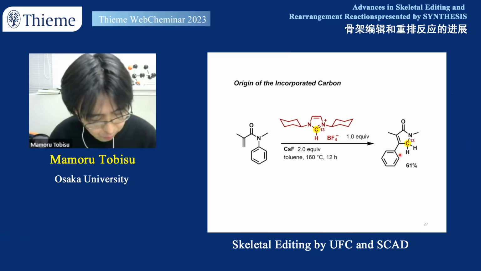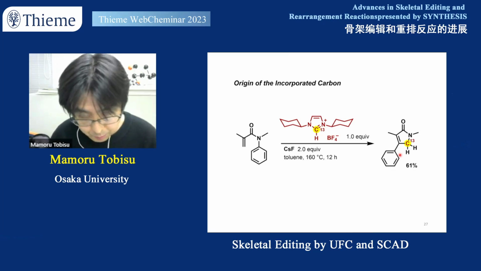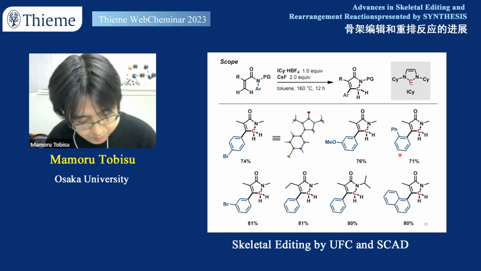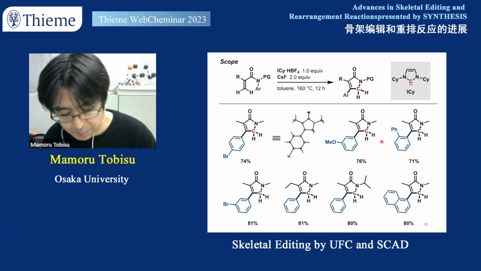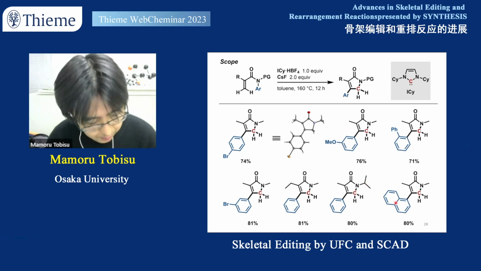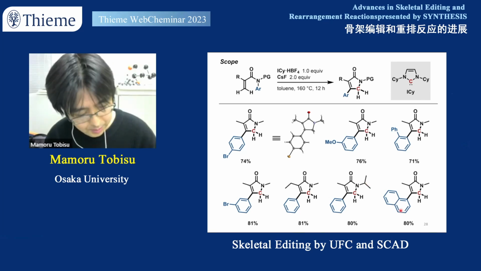So here is the scope of this SCAD reaction. The halide, methoxy group, and ortho substituents are all compatible with this reaction to provide the corresponding gamma-lactams. And a bulky isopropyl group or pi-extended naphthalene can also be used in this SCAD reaction.